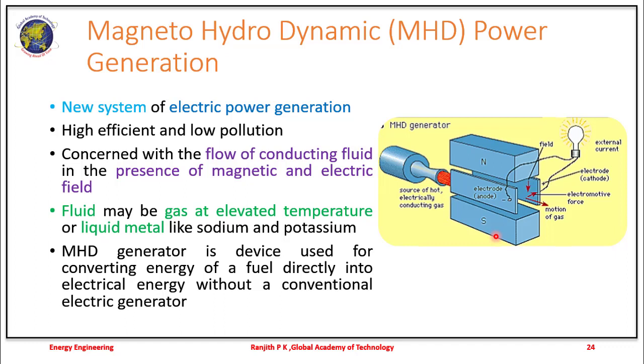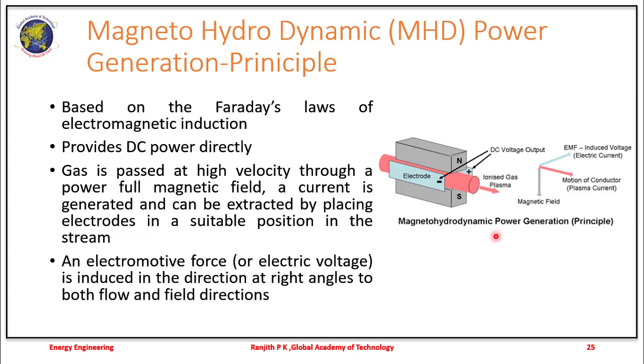What this does is convert the energy of a fuel directly into electrical energy without a conventional electrical generator. So this is a new system of electric power generation. MHD is based on Faraday's law of electromagnetic induction, and it provides DC power directly at its output.